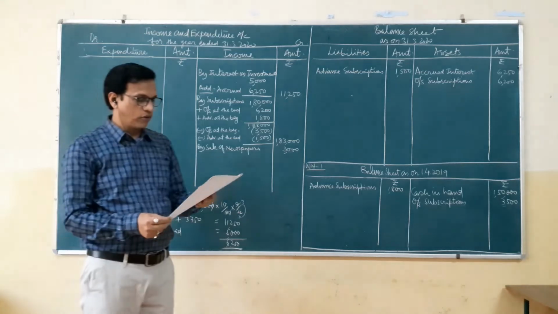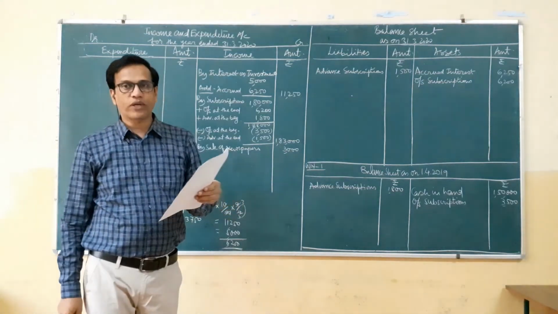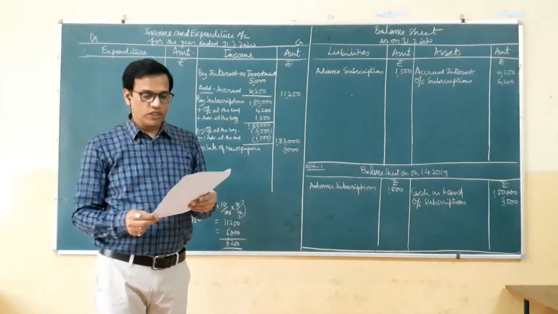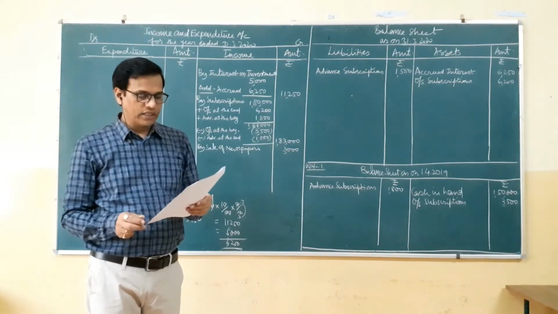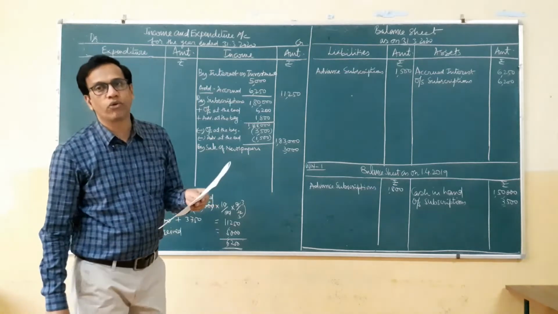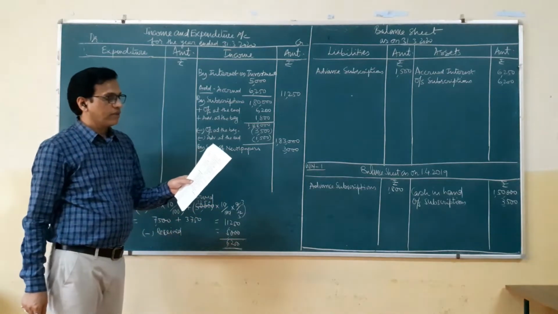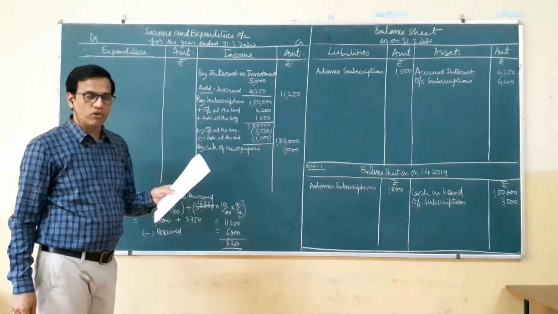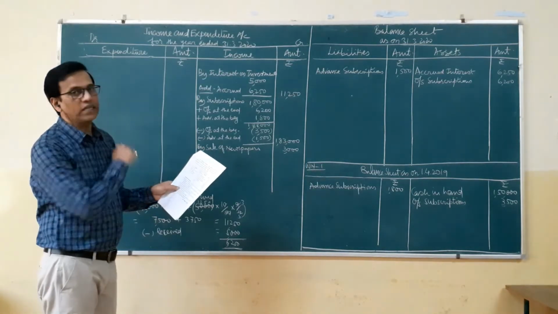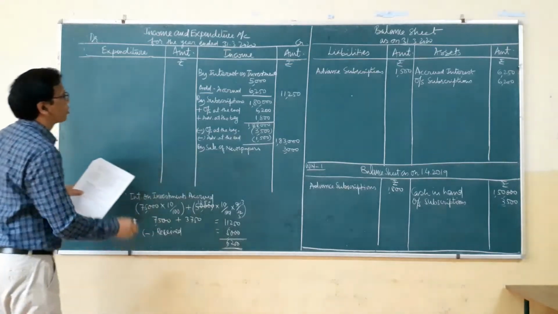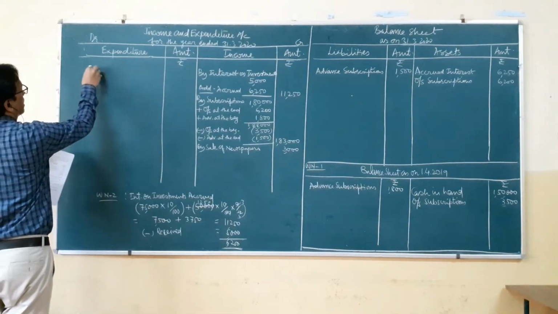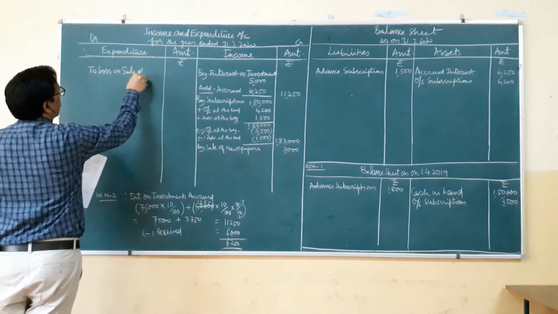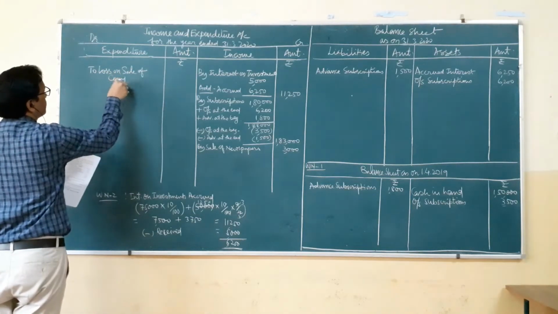Third additional information you see, the book value of computers on 1st April 2019 was 50,000 rupees, of which half the computers were sold during the year. 50,000, half of it is sold, that means computers of 25,000 rupees are sold for 15,000 rupees. So there is a loss. So this loss we write on the debit side. To loss on sale of computers.